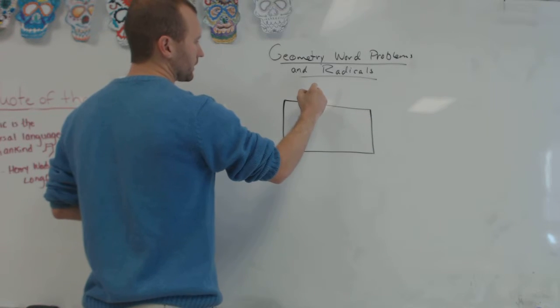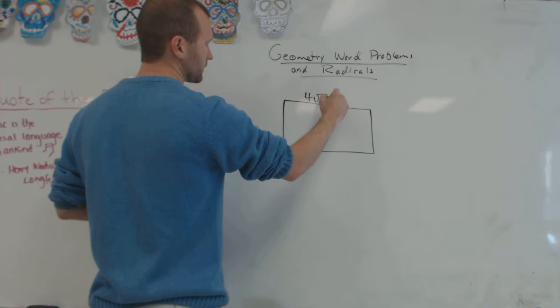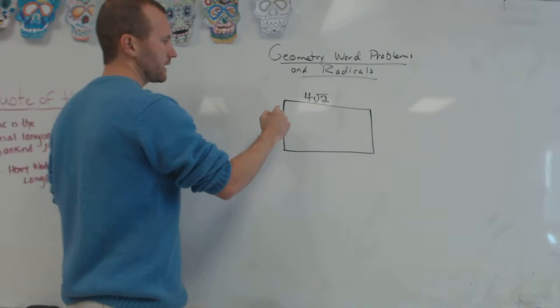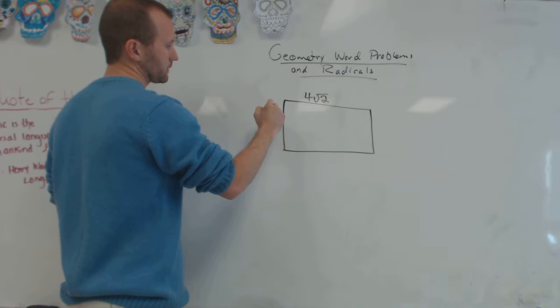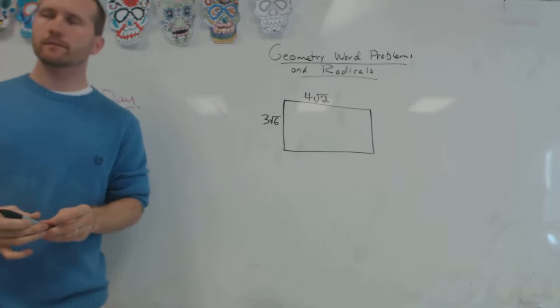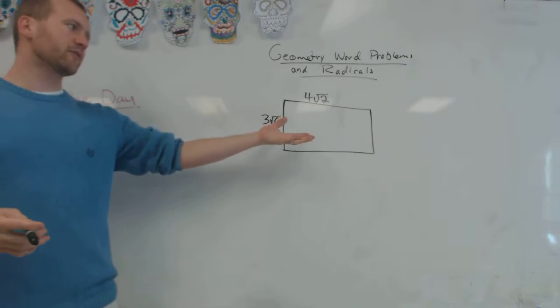This side of the rectangle is 4 square roots of 2 feet long, and this side of the rectangle is 3 square roots of 6 feet long. What is the area of my rectangle?